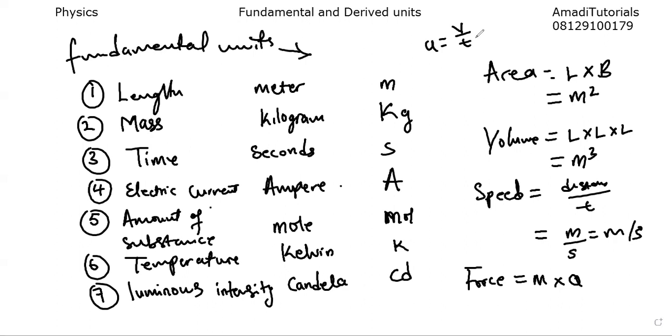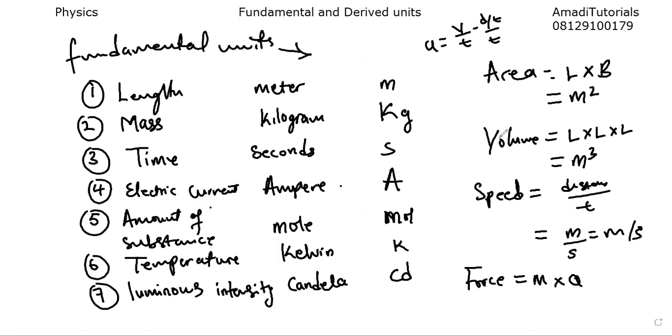Velocity over time. And velocity is what? Displacement over time. So acceleration makes use of a length, distance, which is a fundamental quantity, and makes use of two times. You combine them to give you force.